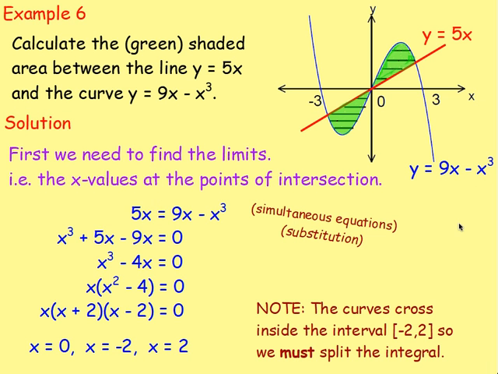We had another example here. Again, you're going to have to work out these points of intersection. We need to work out the lower limit. We need to work out the upper limit. So set them both equal to each other, solve that, and then you get your 3 values. 3 values because you can see that the line and the curve are crossing over here. They're crossing at 0. So again, you're going to have to split them up.